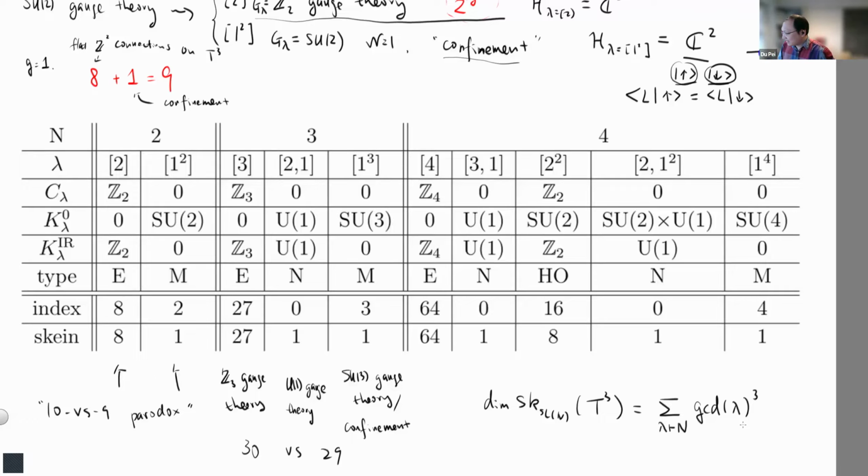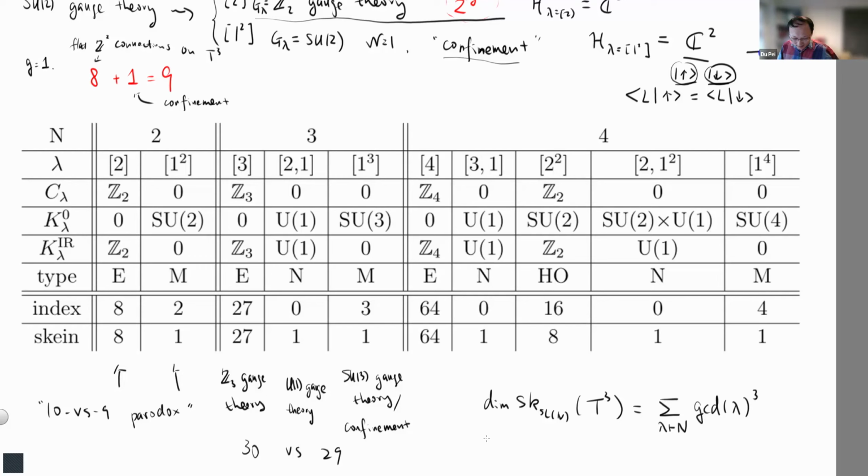Lambda is a collection of numbers that sum up to n, and GCD of lambda is just the GCD of those numbers. Then to the third power, you add them up together. That's the dimension of the skein module.